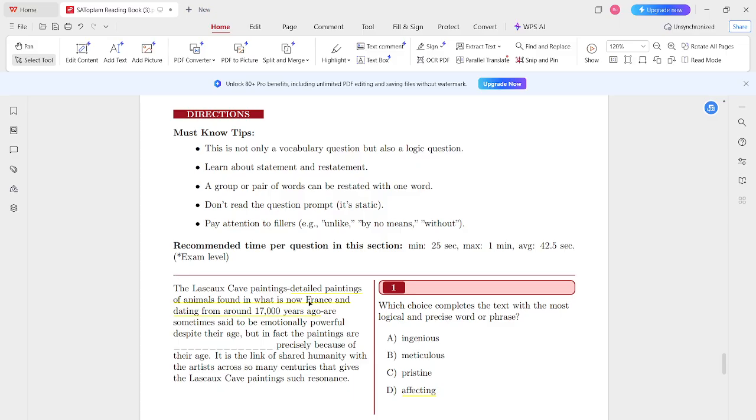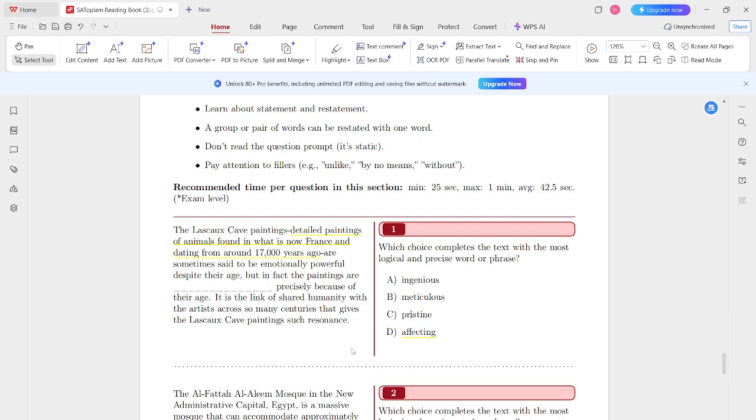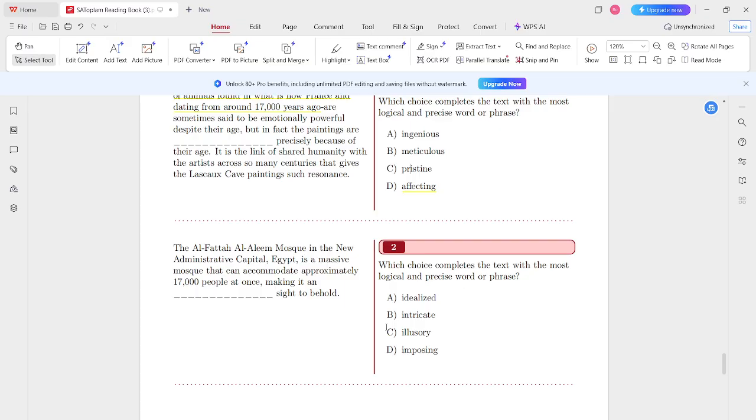The LC paintings, detailed paintings of animals found in what is now France and dating from around 1700 years ago, are sometimes said to be emotionally powerful despite their age. But in fact, the paintings are affecting precisely because of their age. If you read it, it does make sense. So the answer choice D is correct.